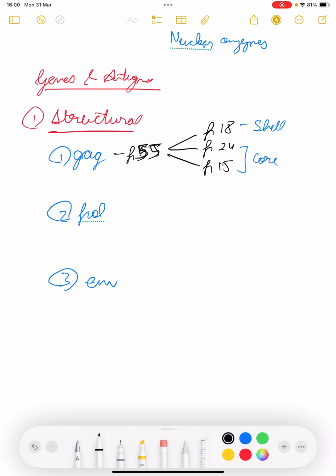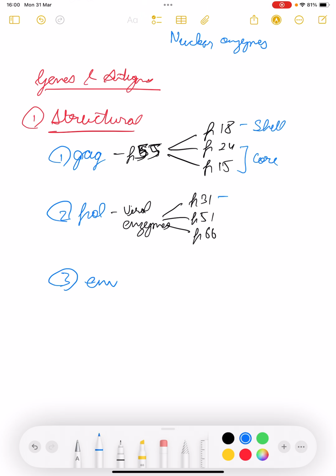The POL gene is expressed in the viral enzymes and is cleaved into three proteins: P31, P51, and P66.